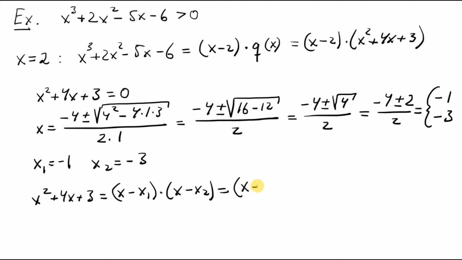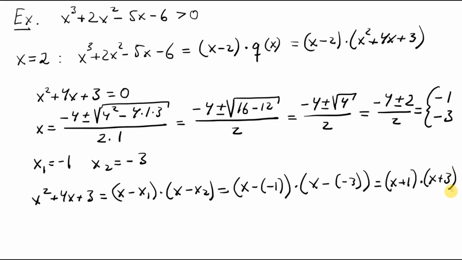So we will get, and finally we can write our original polynomial as x minus 2 times these two.